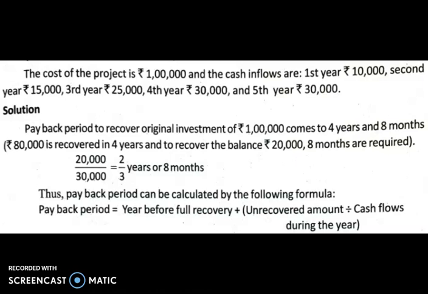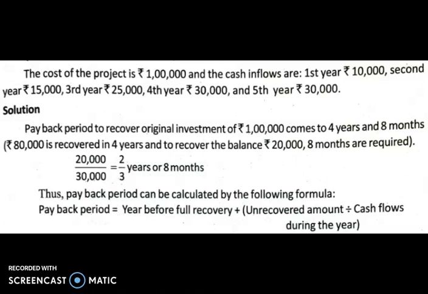So B by C is equal to 2 by 3 years. And when you have to convert it into months, you have to multiply it with 12, to convert years to months. So 2 by 3 years is equal to 8 months. Therefore, the total time to get back the initial investment is E plus B by C, which is equal to 4 plus 2 by 3, or 4 years and 8 months.